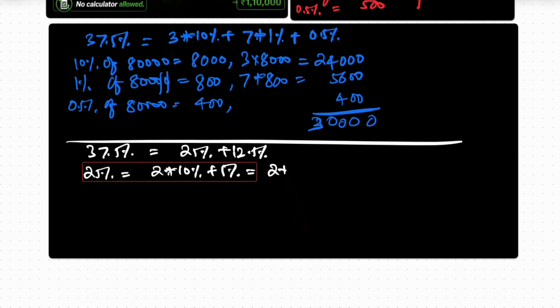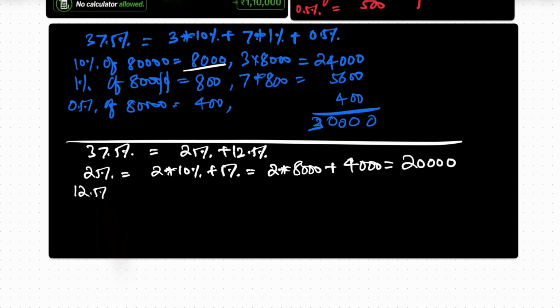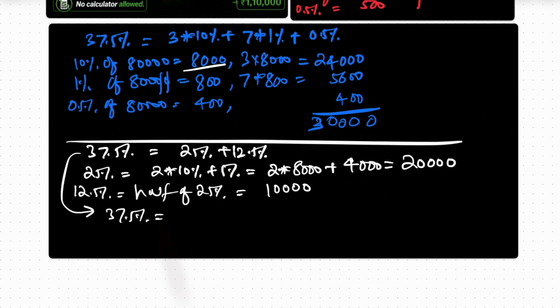So in this case, 10% from the above is 8,000, and 5% is half of 8,000, which is 4,000. So this becomes 20,000. Now 12.5% is just half of 25%, so it becomes 10,000. So if you combine this, 37.5 is the sum of these two, 20k plus 10k, which is 30k.